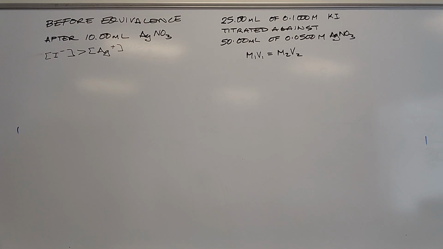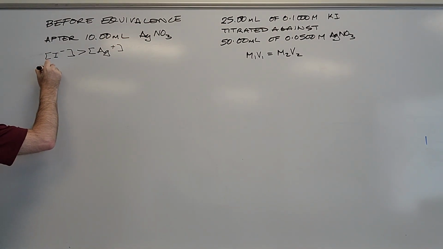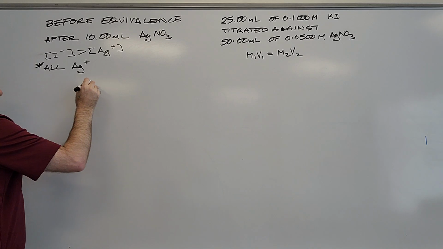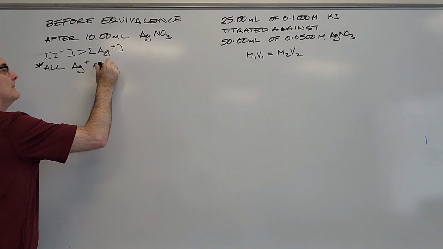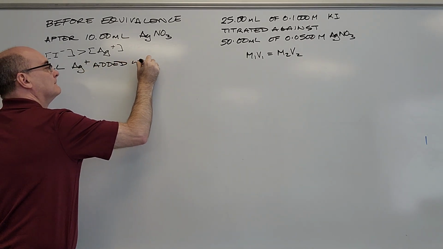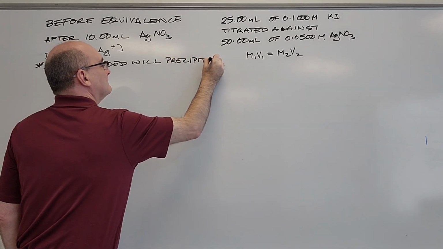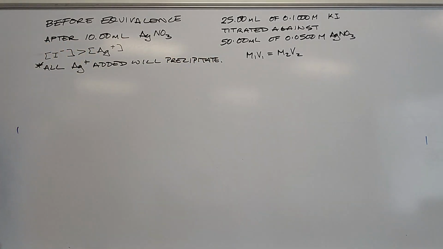There's more iodide in solution than there is silver. So all of these silvers are surrounded by iodides. They have no trouble finding iodides. So all the silver ions added will precipitate, and they will take iodides with them.